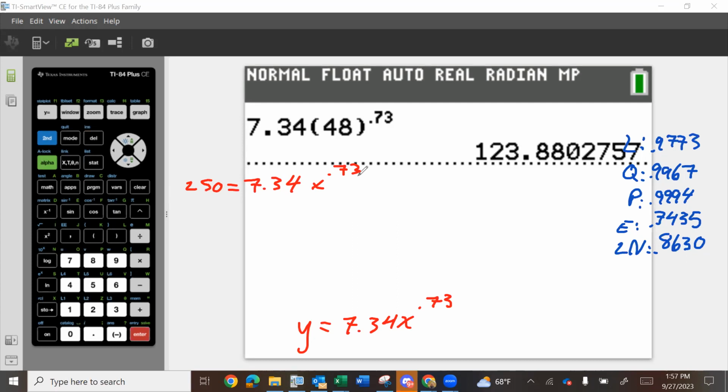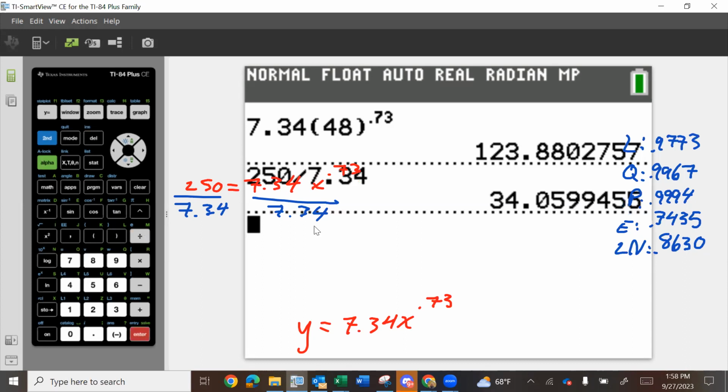I'm going to divide by 7.34, just like we learned in chapter 3. So we're going to go 250 divided by 7.34. Okay, we get 34.06.